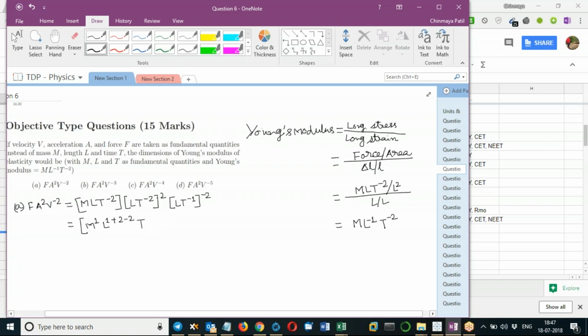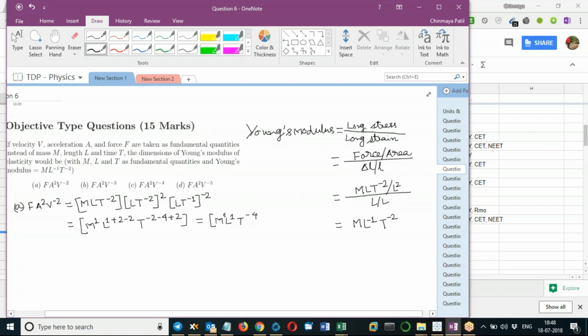It is minus 2, minus 4, and minus 1 and minus 2 multiplied become plus 2. So it becomes T power minus 2 minus 4 plus 2. Okay, so this is our final result in the form of M, L and T: M power 1, L power 1, T power minus 4.